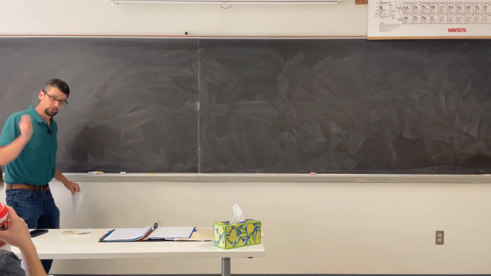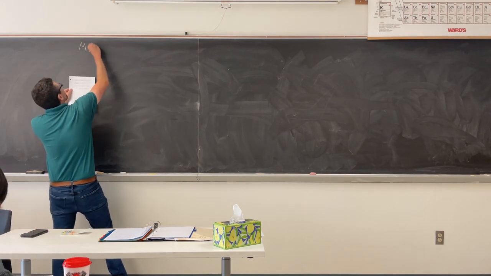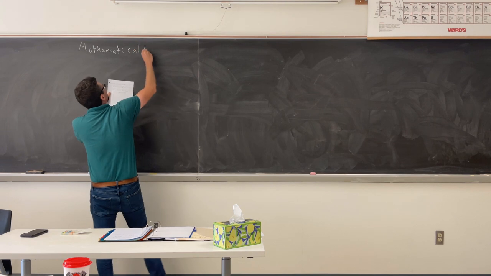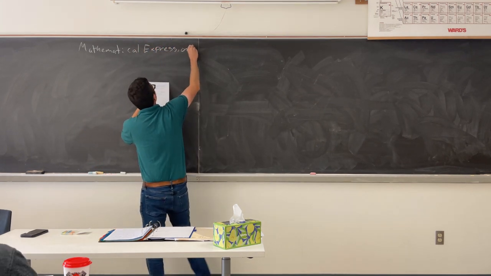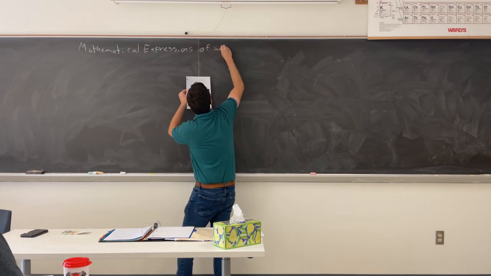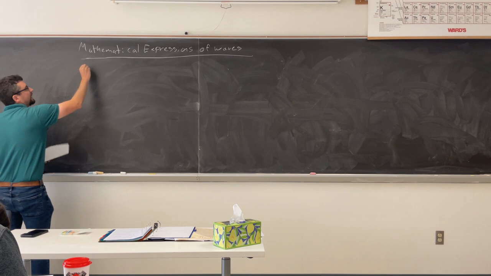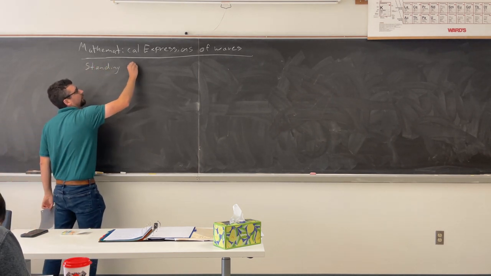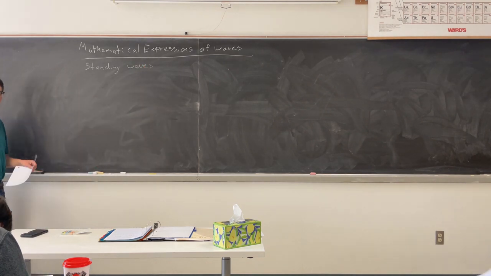Before we do that, we have to remind ourselves of some mathematics of waves. A standing wave, or actually, it doesn't have to be a standing wave, it can be any wave. How can we mathematically express them?